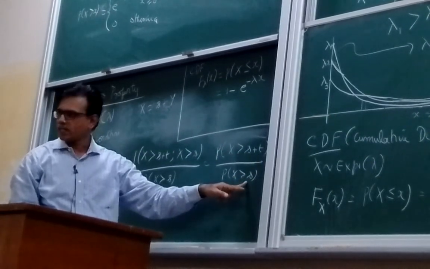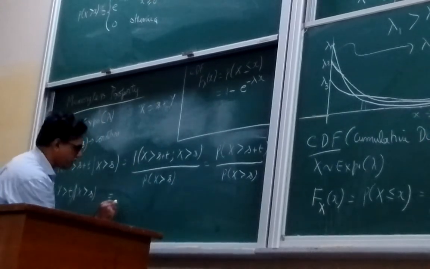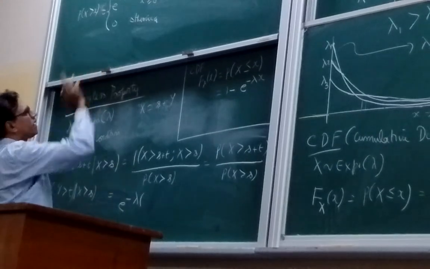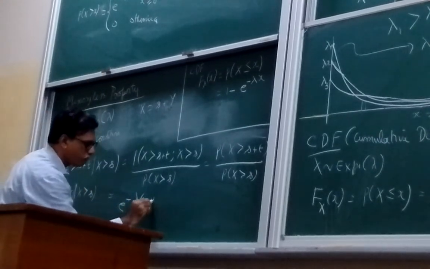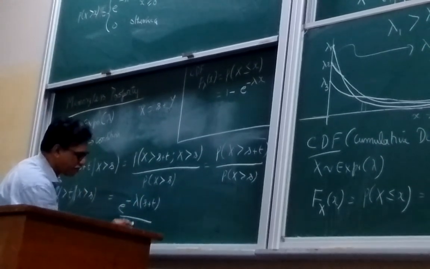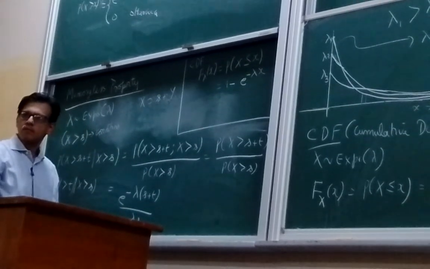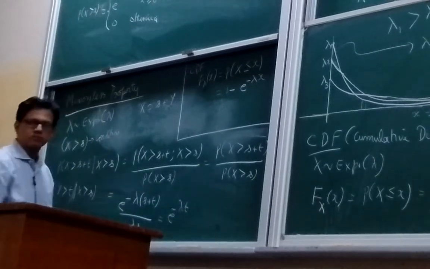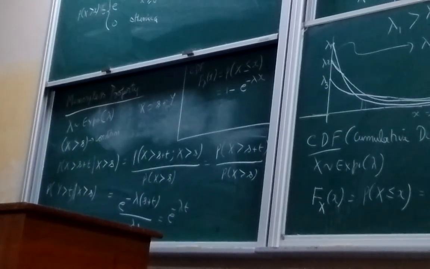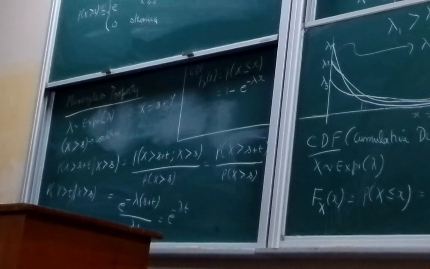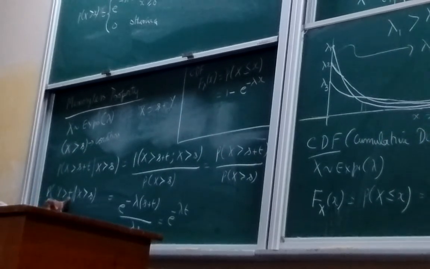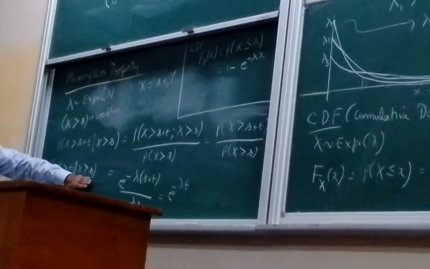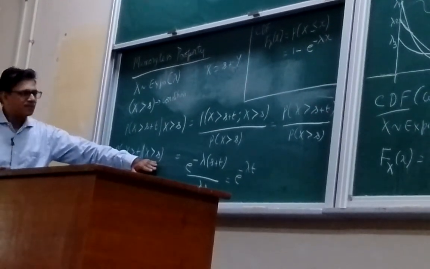That is given by e power of minus lambda into s plus t, divided by e power of minus lambda s. So you can see that it is nothing but e power of minus lambda t. So what we are getting is that the probability that Y is greater than t, the remaining time, given this condition, has this form.